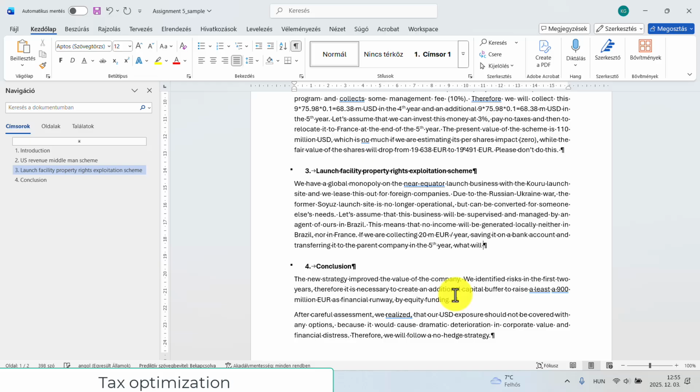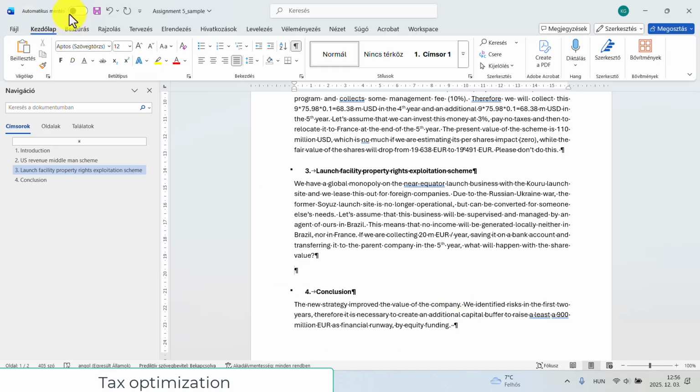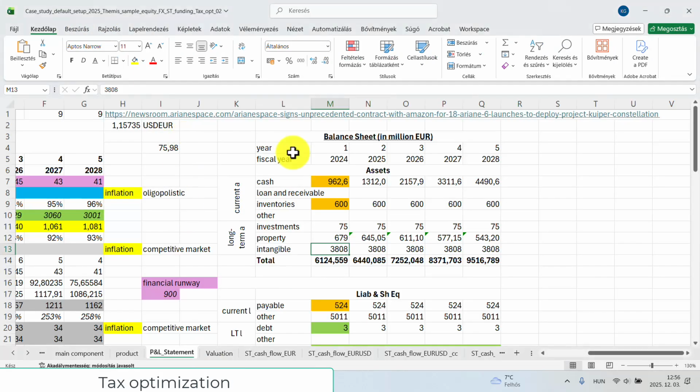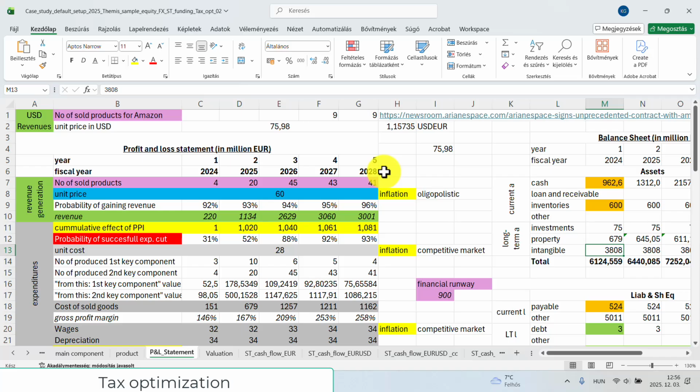what will happen with the share value? Okay, so let's collect the money. We are just collecting the additional revenue.